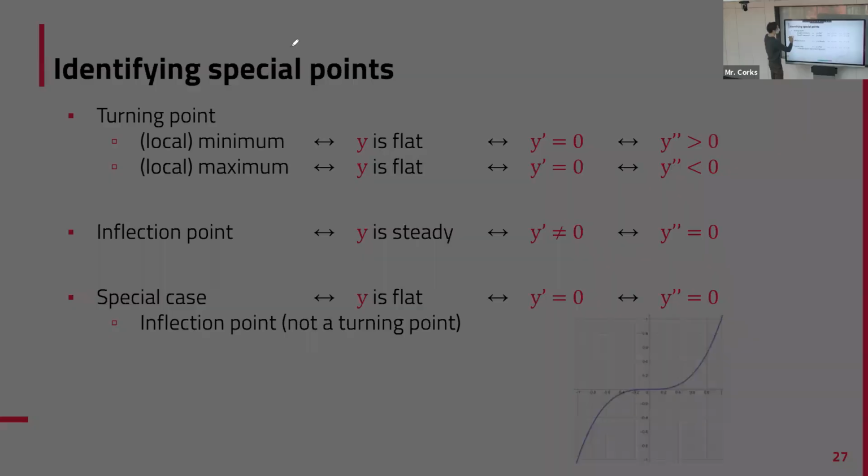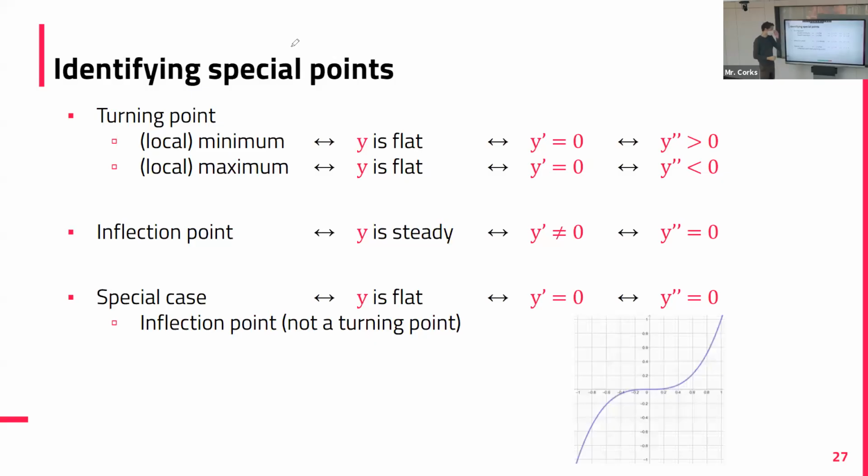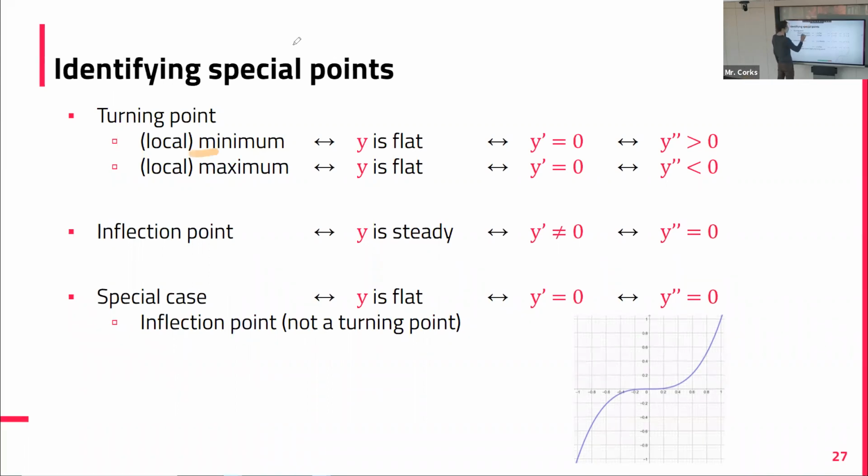We'll get to an application in a moment. This is just a summary of all the derivative stuff we've been talking about with these special points. If we have a minimum point, then the original function is flat, first derivative is 0, second derivative is positive. Maximum: flat, first derivative 0, second derivative negative.